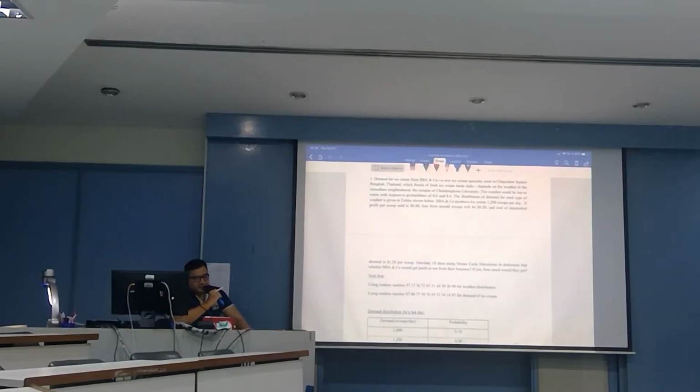So the weather could be hot or warm with the probability of 0.6 and 0.4. The distribution of the demand for each type of weather is shown on the table. And the company produces ice cream 1,200 scoops per day. The profit per scoop is $0.8. Loss from unsold scoop is $0.2, and cost of unsatisfied demand is $1.2 per scoop.